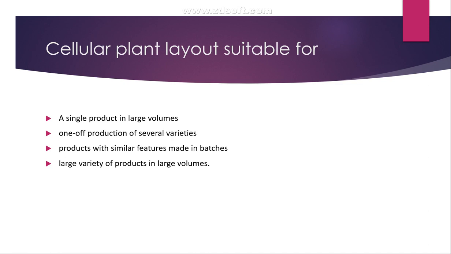So this is how this cellular plant layout would be suitable for production where products have different features made in batches, a large variety of products in large volumes, and a single product in large volumes. Such industries would be suitable or can adopt this system, or say this layout of production system or plant layout.